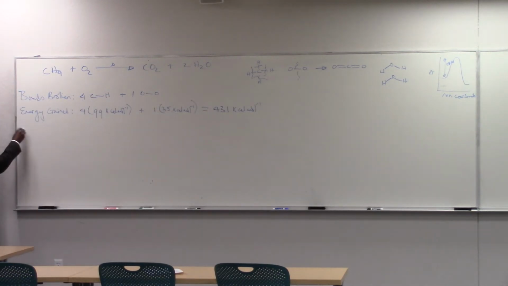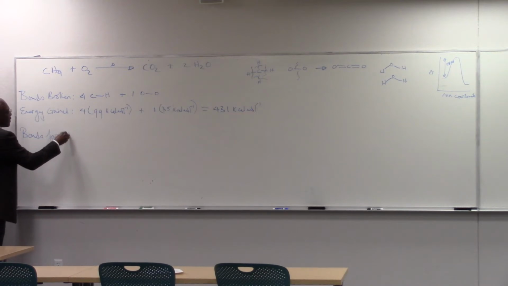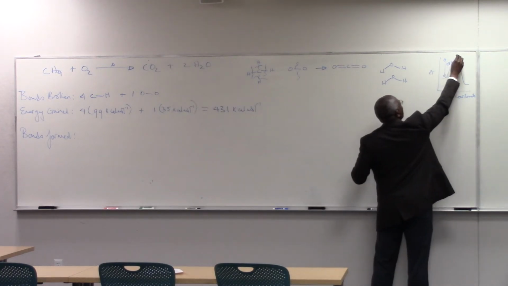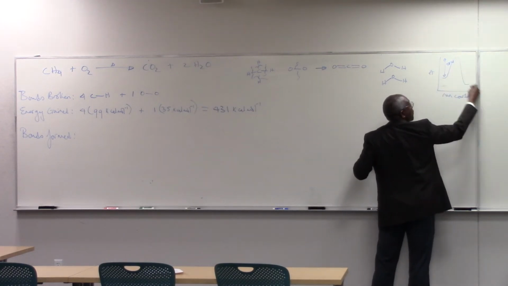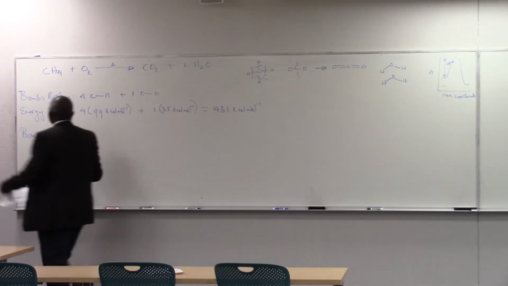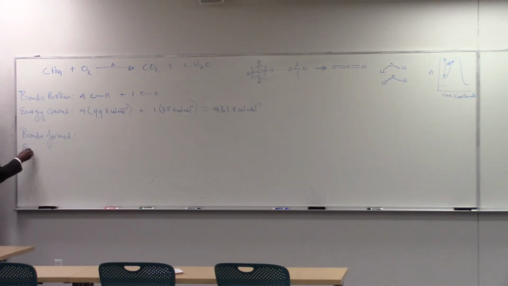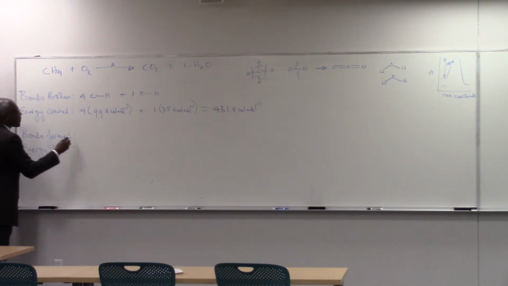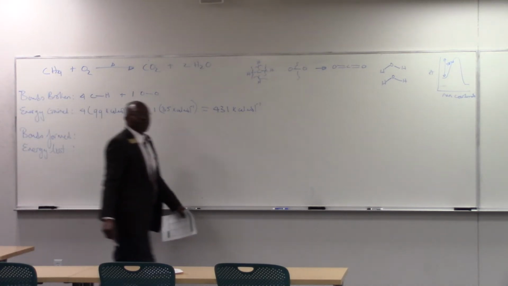Well, I'm now going to ask about bonds formed. Because up until now, we've just climbed to the top. We haven't completed the bond formation part yet. So let's do an inventory of the bonds formed and of the energy lost in the process. So what bonds are formed?